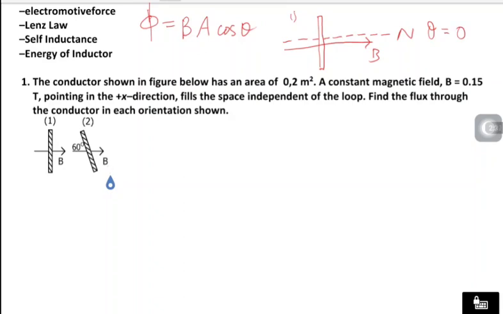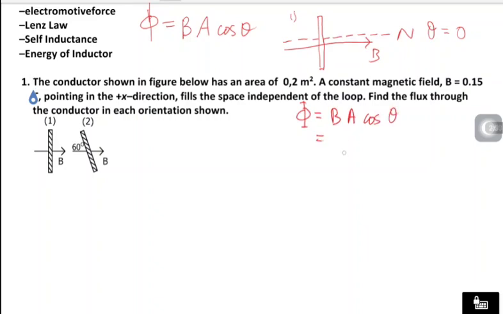So we calculate the flux for picture number 1. Flux is B A cosine theta.